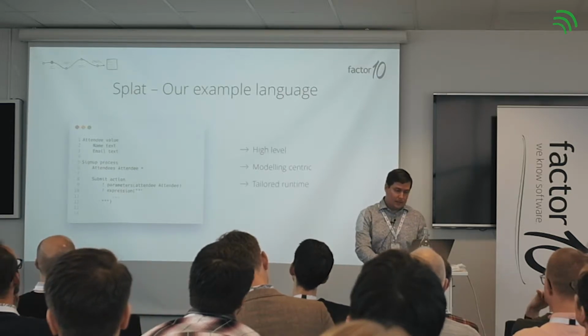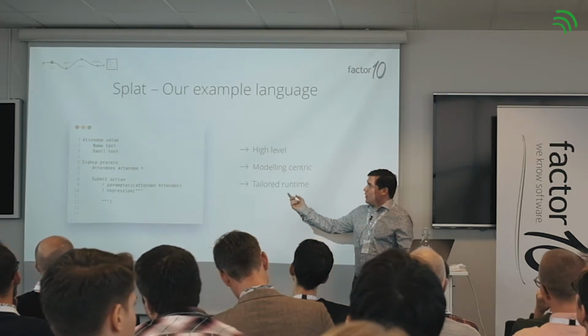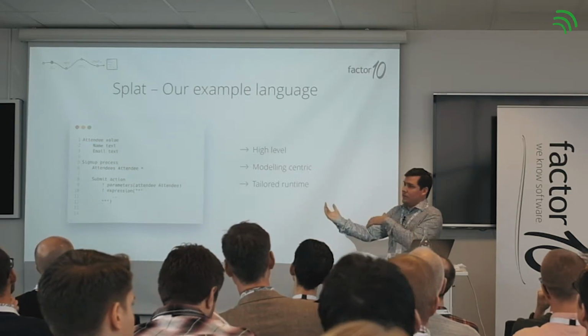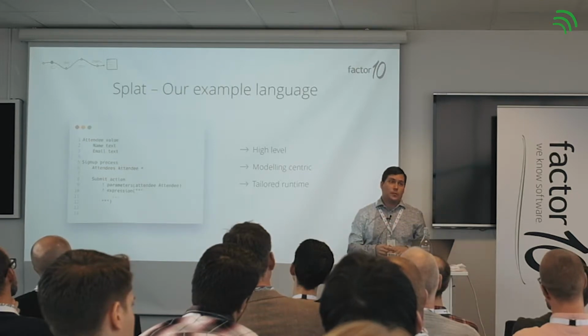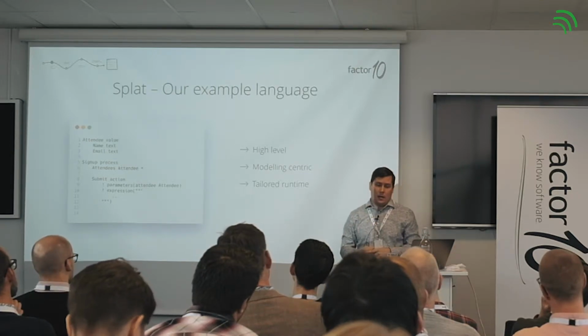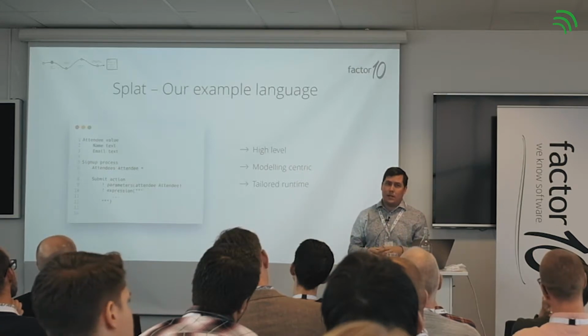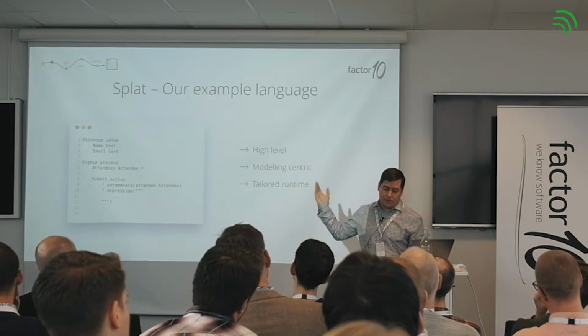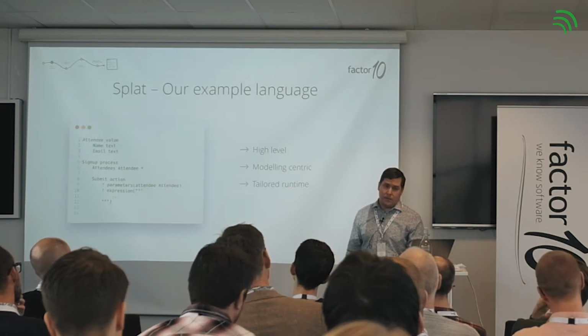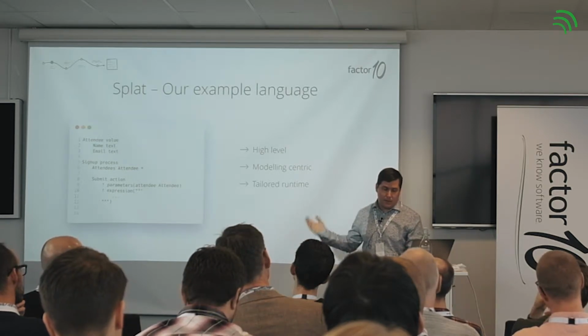When we transpile the Splat code, we have a specific, very tailored runtime that consumes the transformed output. So it's a compiled language, but with a runtime that then reads the output and produces types with these characteristics.